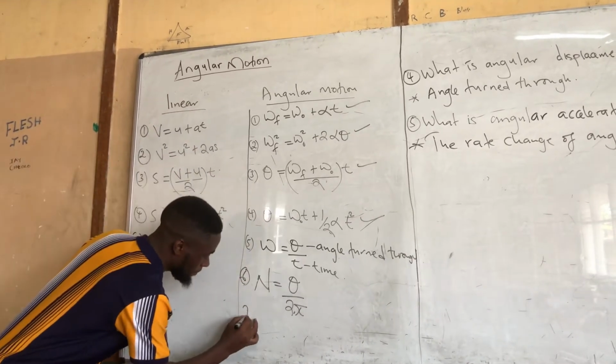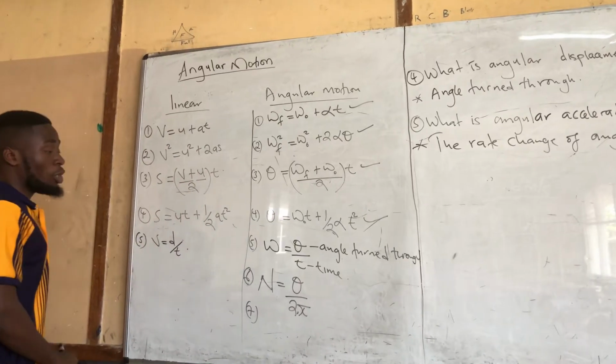Number 7, which equation do we add here?